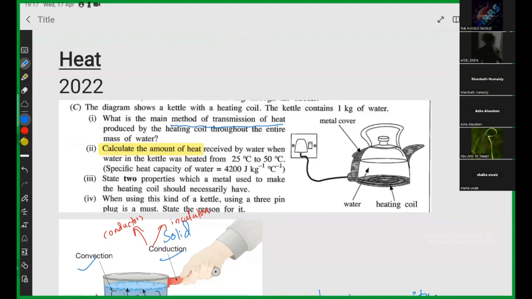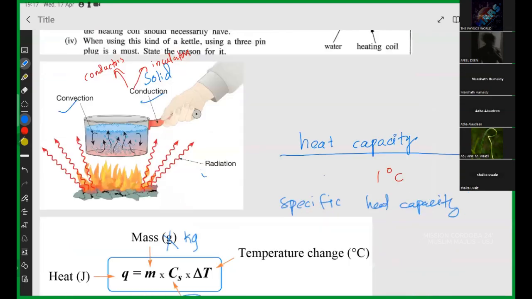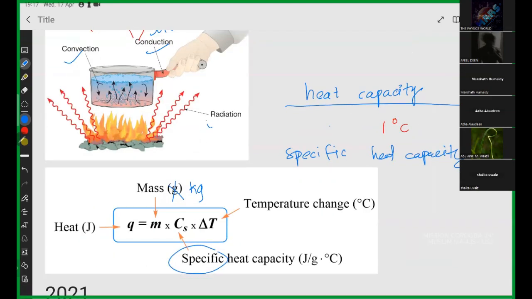So specific heat capacity is for 1 degree Celsius and 1 kilogram of a substance. So the amount of heat that is required to increase the temperature of 1 kilogram of a substance by 1 degree Celsius. Is it clear? So that is specific heat capacity.